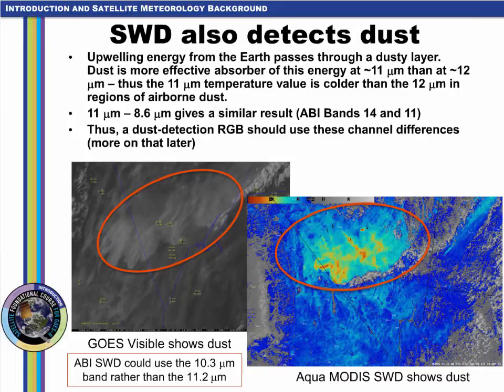Thus, the 11 micron brightness temperature will be cooler than the brightness temperature at 12 microns. It's common for dust RGBs to include the 11-12 split window difference as one of the colors.